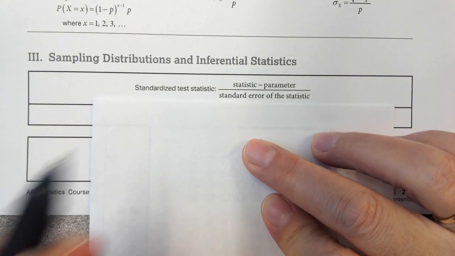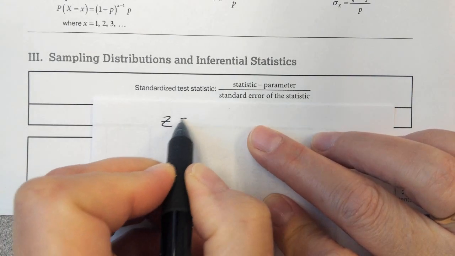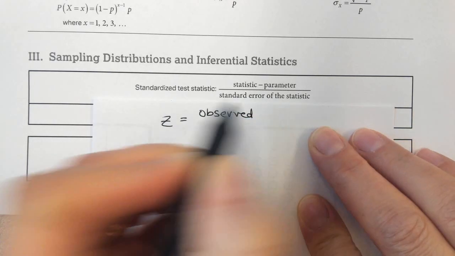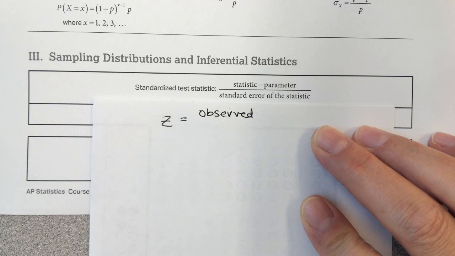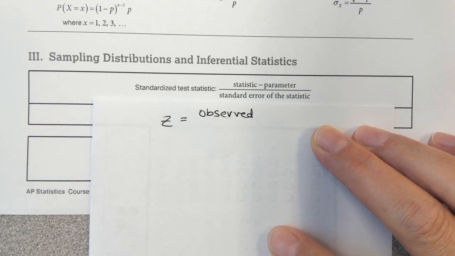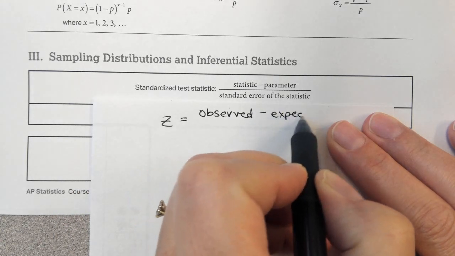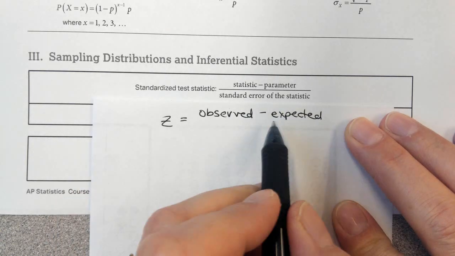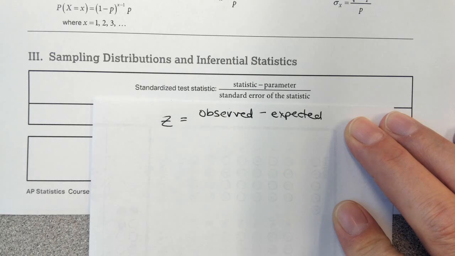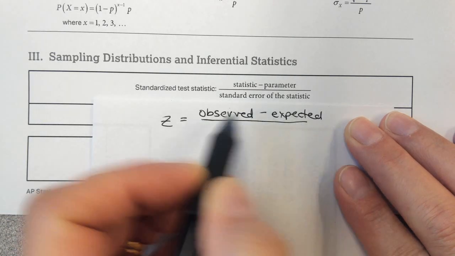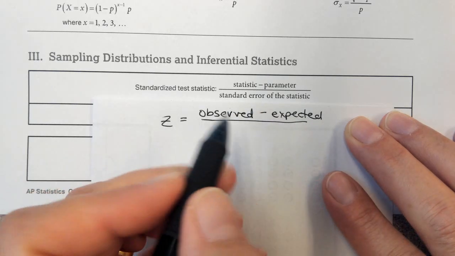So let's think about what we know about a z-score. Z is the observed statistic that we saw in a sample, minus what we expected to see. This is the language we've been using, so that's the parameter from the model, usually the mean of your normal curve, over the standard error or standard deviation.